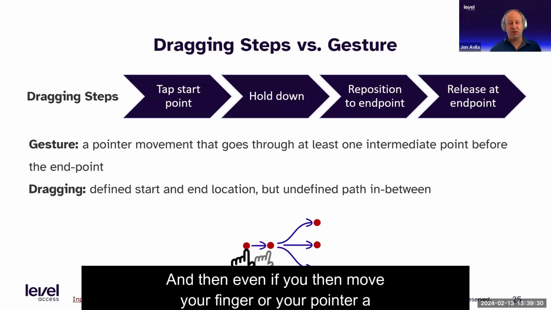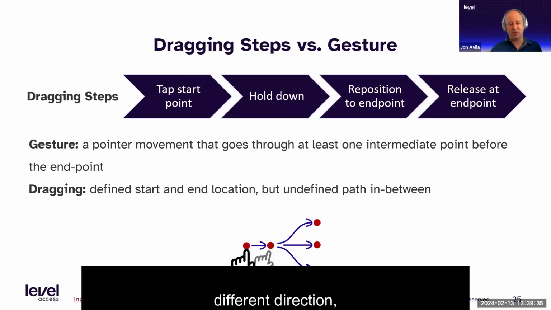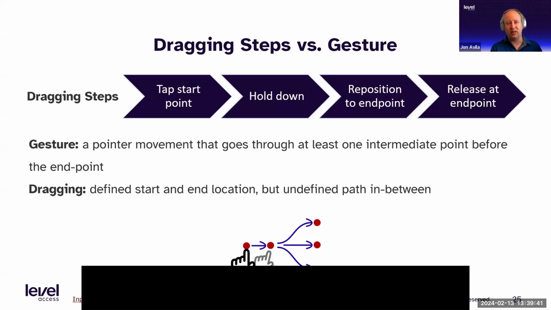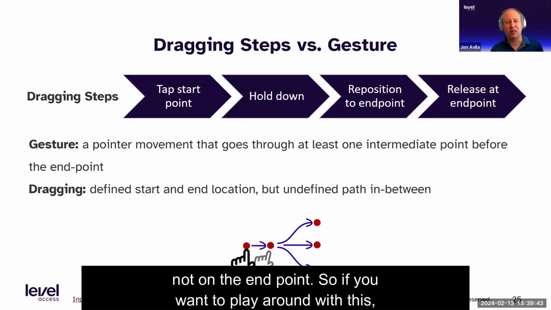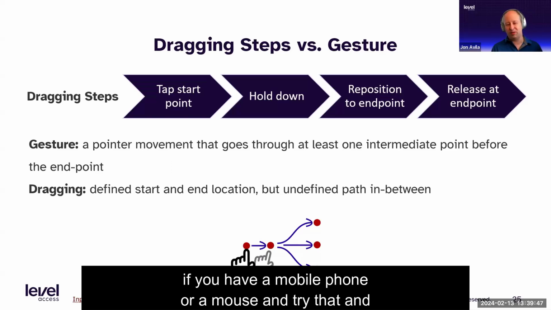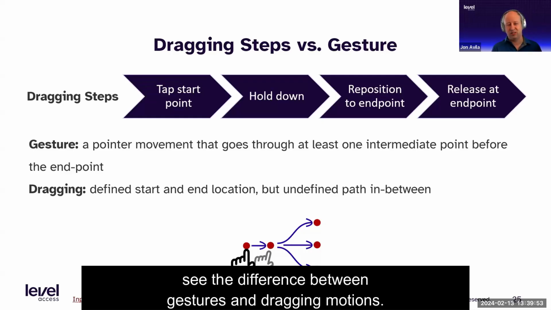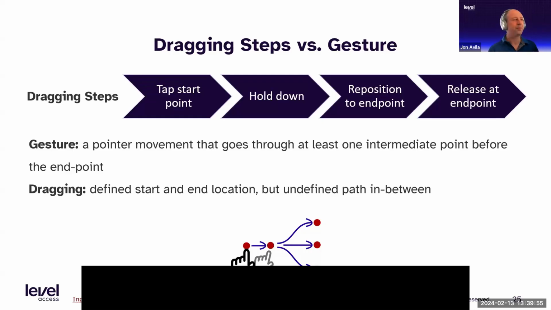And even if you then move your finger or your pointer in a different direction, it still interprets the gesture based on that midpoint, not on the endpoint. So if you want to play around with this, if you have a mobile phone or mouse, try that and see the difference between gestures and dragging motions.